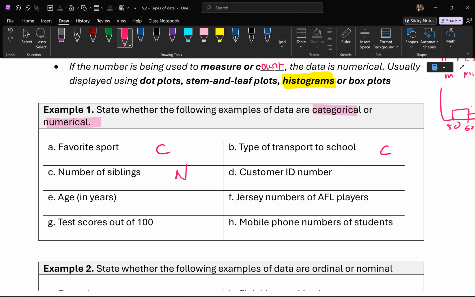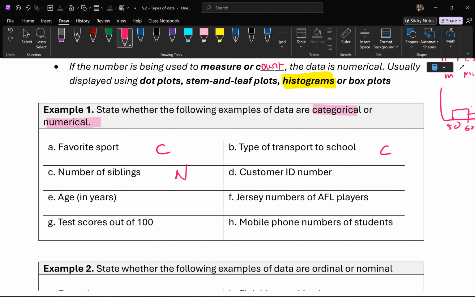That's the common mistake. Why is it not numerical? It's a label. Think about your user ID. That number doesn't mean anything. Well, it can to some degree, but if anything, customer ID number could be categorical, or ordinal because there's an order to it. Okay, so this is one of the most common ones.